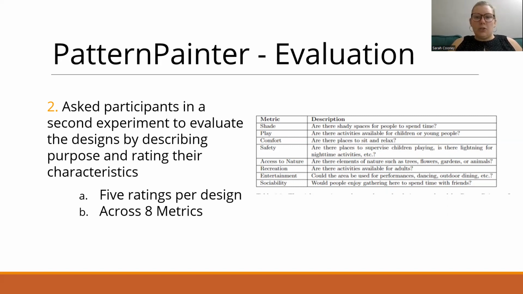So we expected that certain scenarios would rate higher on certain metrics. So for example, a community theater should rate high on entertainment, but maybe not something like access to nature. And we rated each one out of 7 on the Likert scale and averaged them.